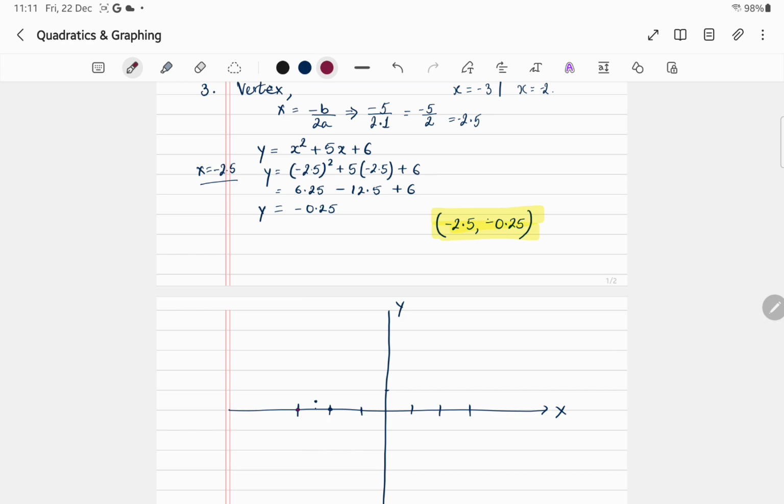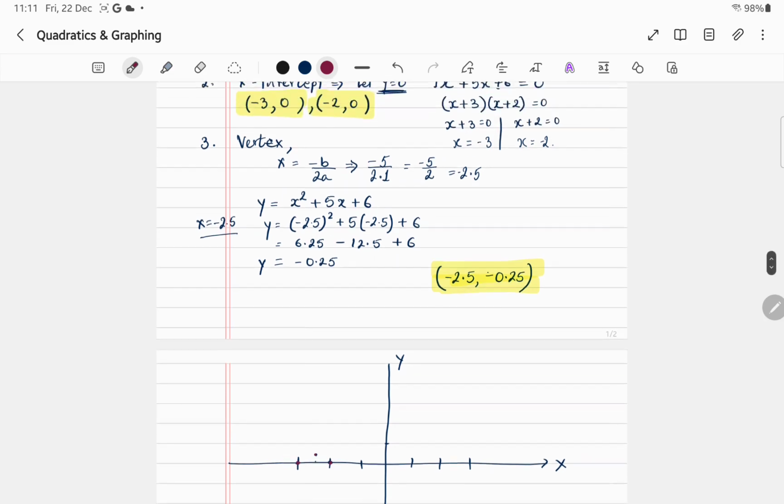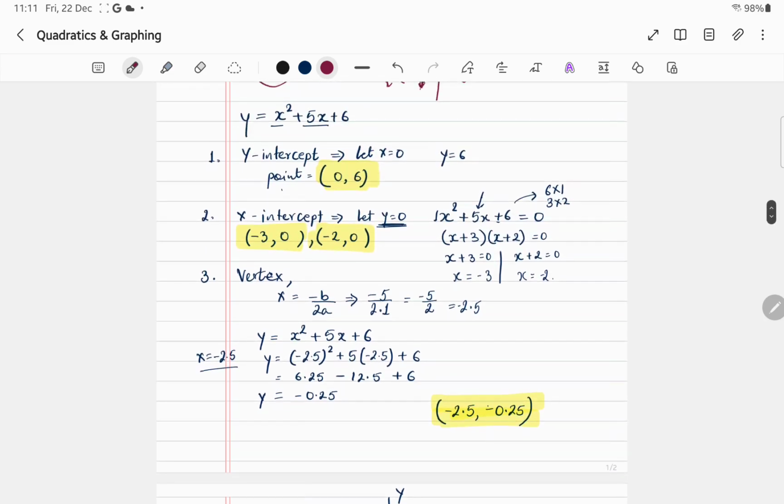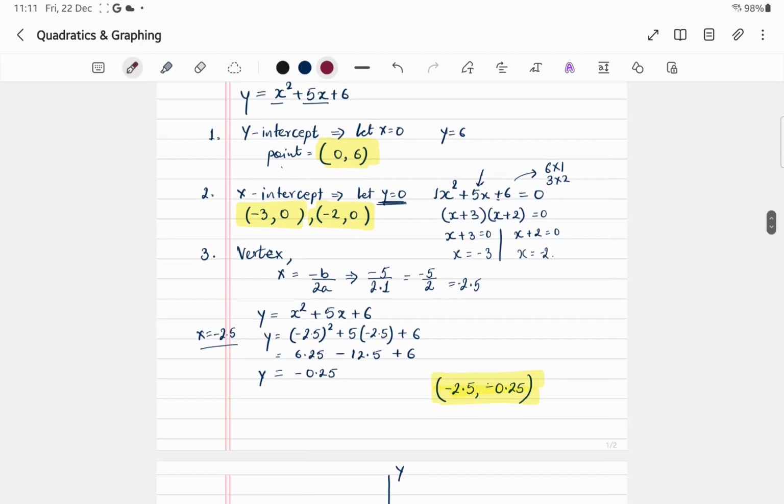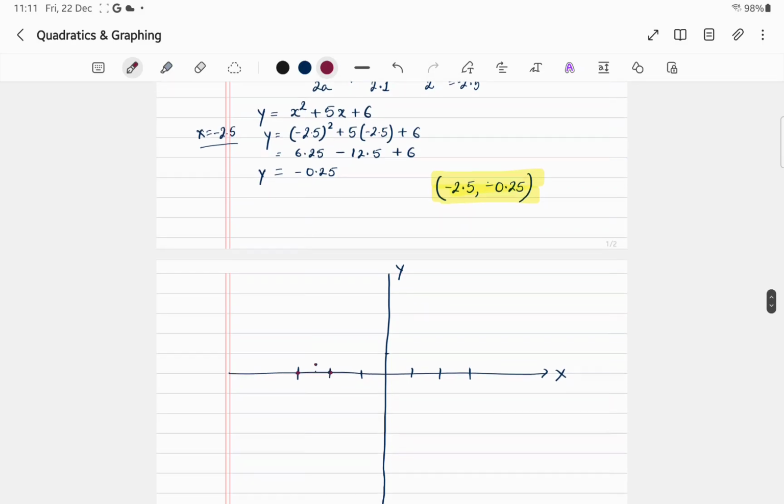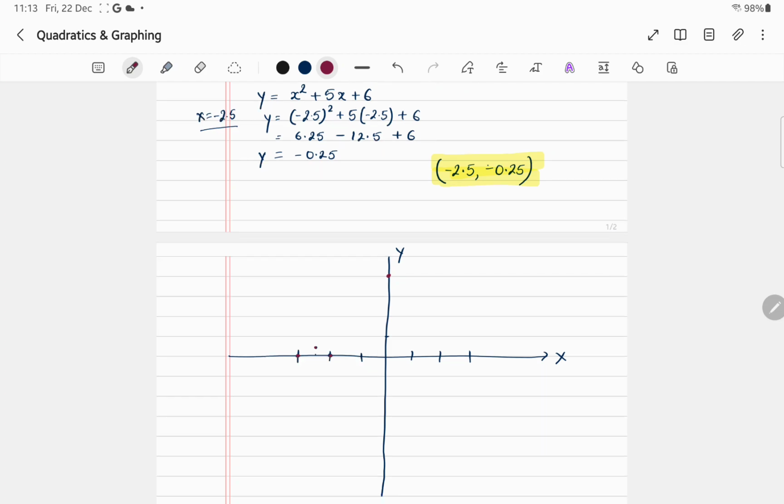Let's use a different color just so it becomes visible. And the last one is your y-intercept, which is at 0, 6. So x is 0, y is 6.